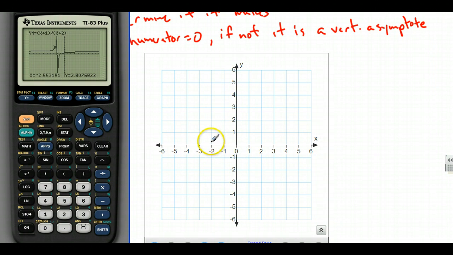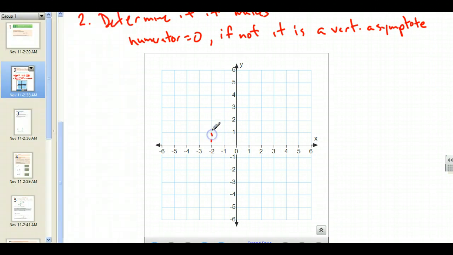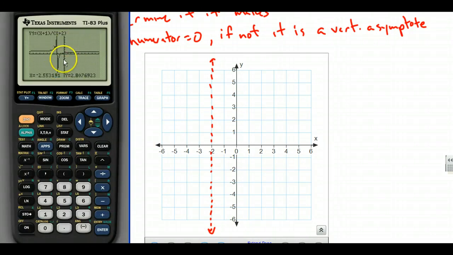Now when you graph these for me, I want you to use a vertical dashed line to represent where the vertical asymptote is. Alright, so there's our vertical asymptote. Alright, and notice as I move left to right, let's press again the trace button.